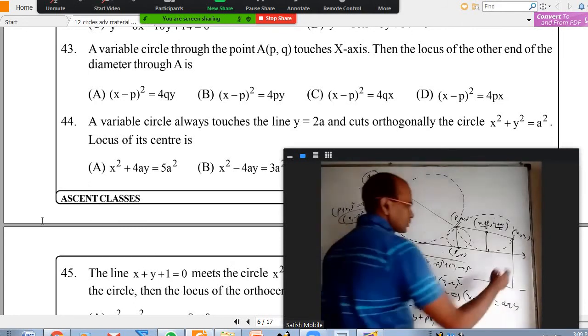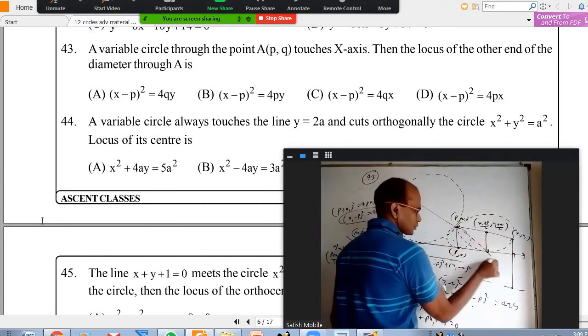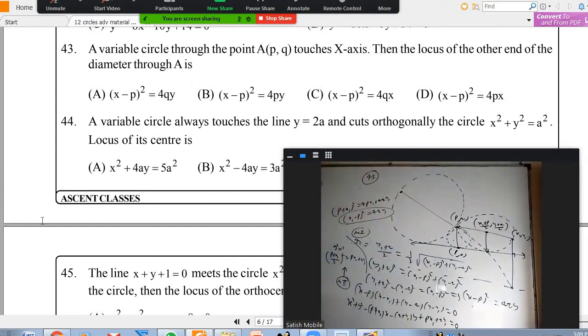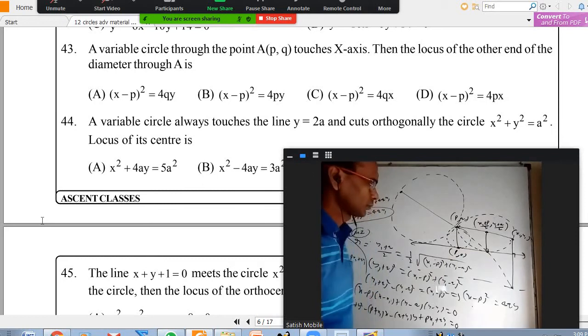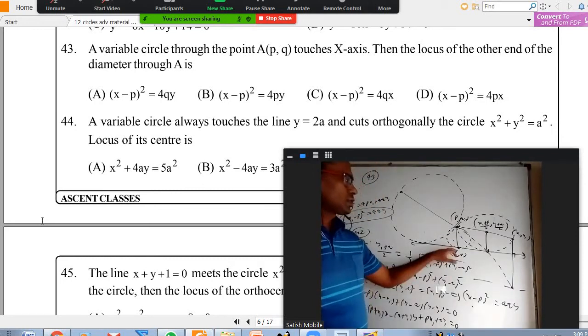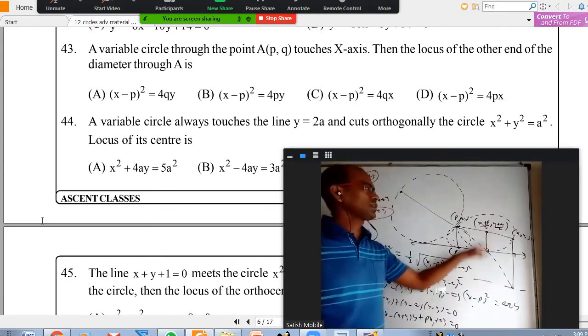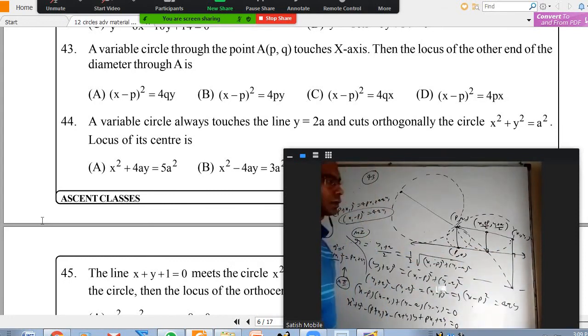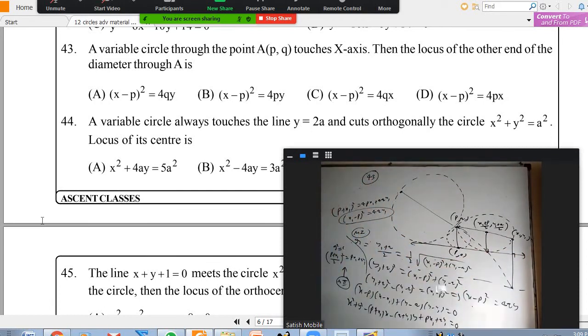I think I can prove these 2 points are collinear. Why? These 2 lengths are equal, so these 2 lengths will be equal. This is Q up, this is Q down, so this should be collinear. This should be double of this and parallel to this. Yes, it is possible to prove that from here to here is double of this length. That is the physical argument, but otherwise by equation, these are the 2 methods.